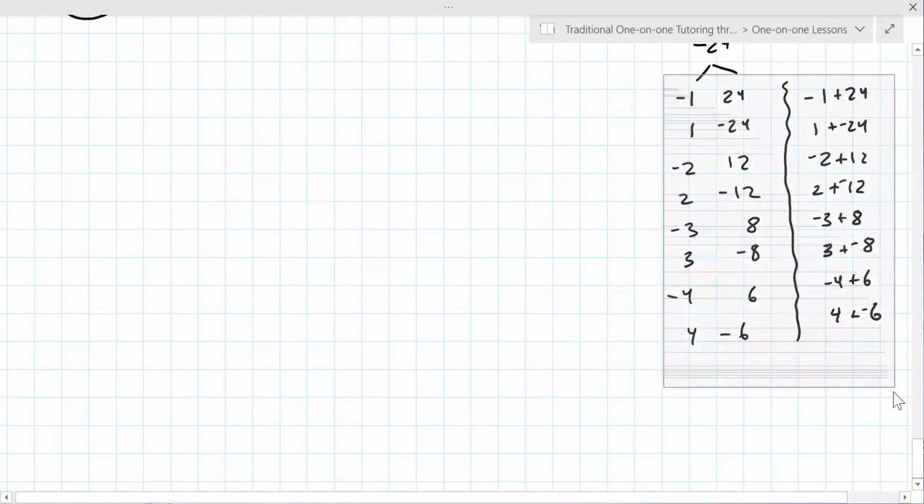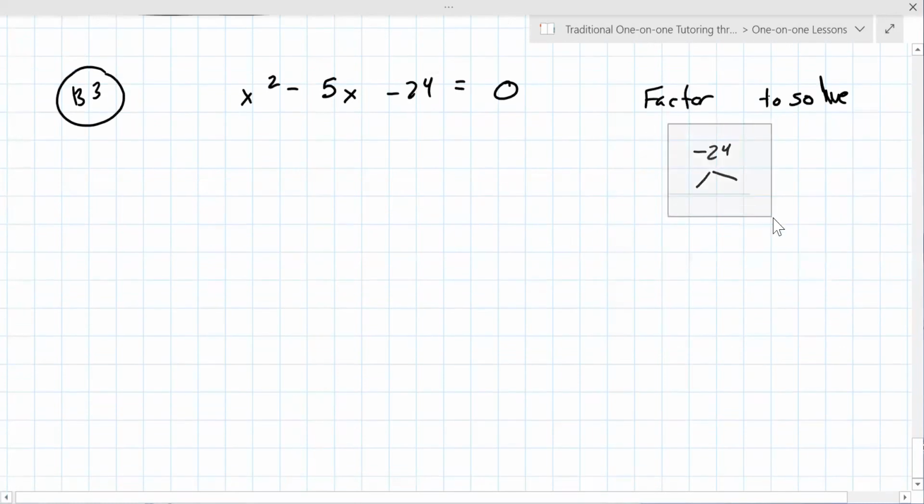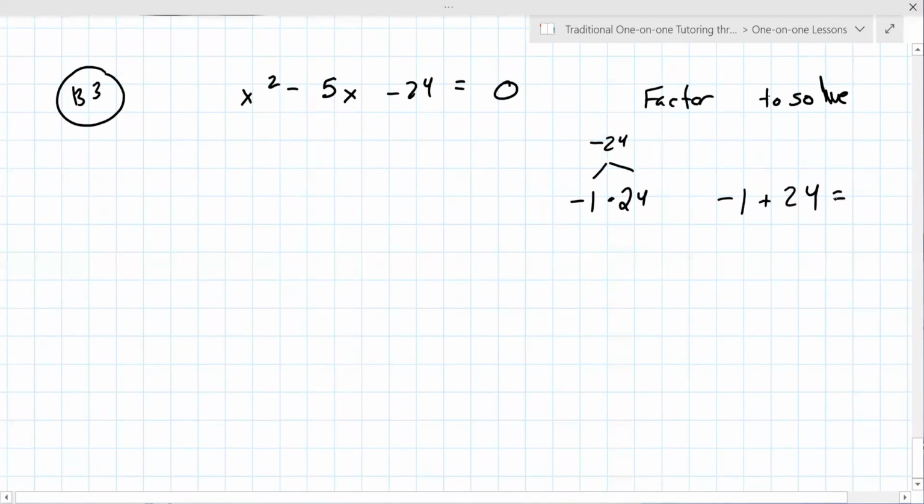Let's try this again. I'm going to delete all this, and we'll do this a little slower to make it clear. So -1 and 24. Do you agree that these multiply to -24? Yeah. What is -1 plus 24? 23.